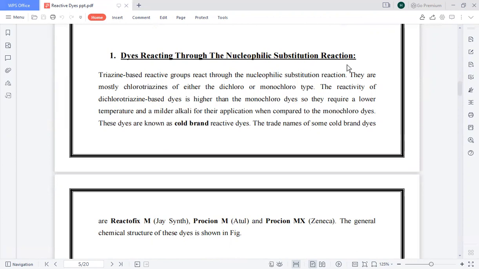So triazine-based reactive dye groups react through the nucleophilic substitution reaction. They are mostly chlorotriazines of either dichloro or monochloro type.